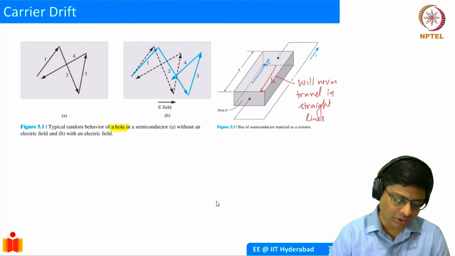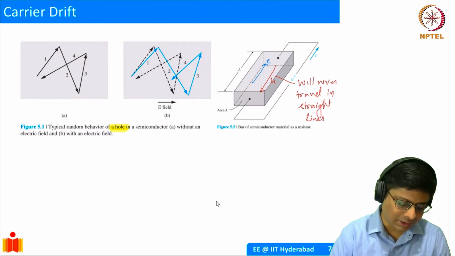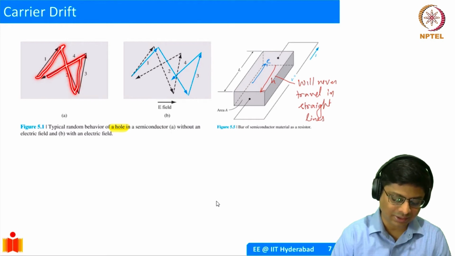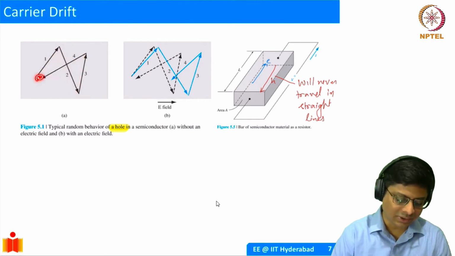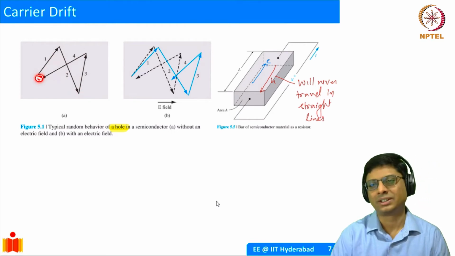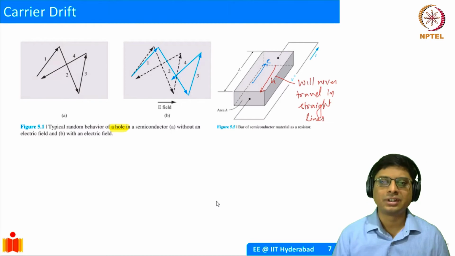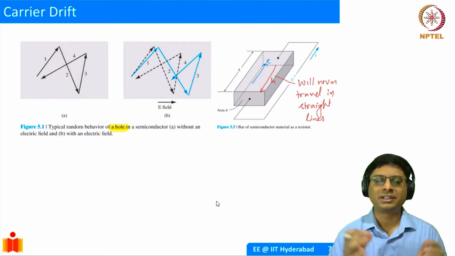So consider a hole which is starting out at, let's say, this point. It gets scattered, it goes in one direction, it gets scattered again, it goes in the other direction, scattered back again. So basically, it starts out at this point and ends up at the same point. On an average, electrons will simply undergo multiple scattering processes and end up at the same position.